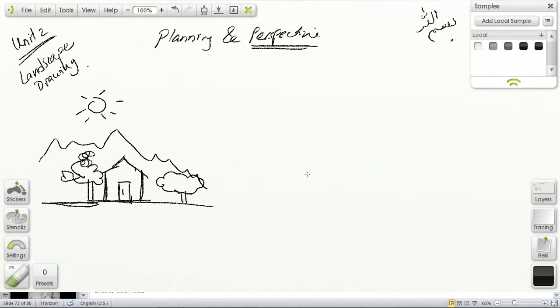There's no dimension to this, right? But if somebody has a little bit of knowledge in art, they might draw something like this, okay, and they will put a tree here like this, right?